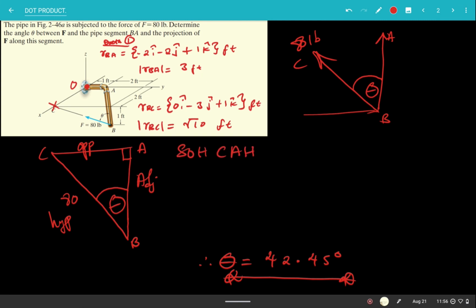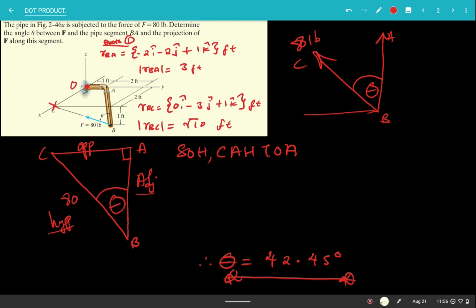So now, given one side and an angle which we found to be 42.45, in order for you to find the side you're interested in, always concentrate on the side given and the side you're being asked to find. So the side given is the hypotenuse, and the side you want to find is the adjacent.